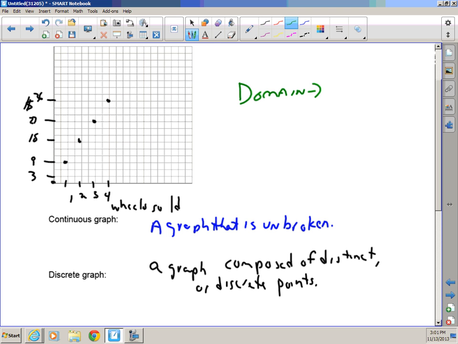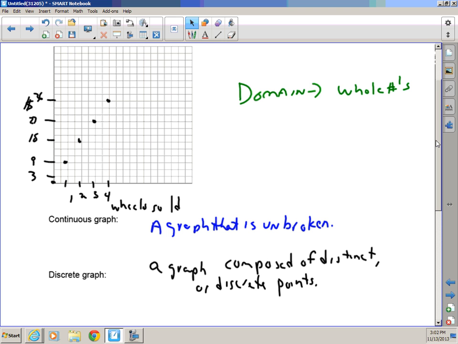Hopefully you're saying to yourself, no, I can't sell negative numbers. I can't sell fractional or decimal numbers. So my domain is whole numbers, which is also what my range is going to be. And all I'm just tying that into is my domain is telling me what can my x values be. And in this case, my x values can only be whole numbers.